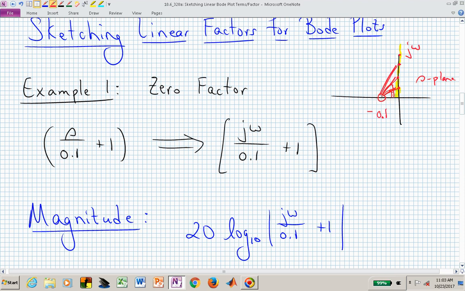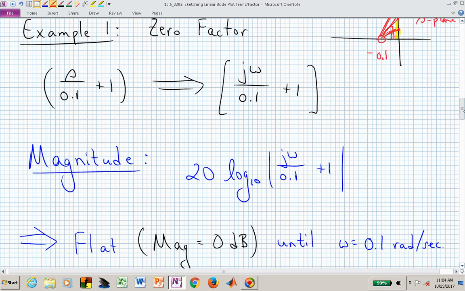Let's look at the magnitude sketch first. We're now taking the magnitude in dB, so we have 20 log base 10 of the magnitude of this factor, which is j omega over 0.1 plus 1. If we look at small frequencies, and small typically is a decade before the break, so a decade before 0.1, we're looking at 0.1 times 0.1, or now we're at 0.01.